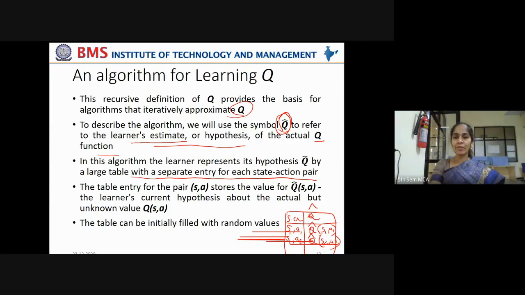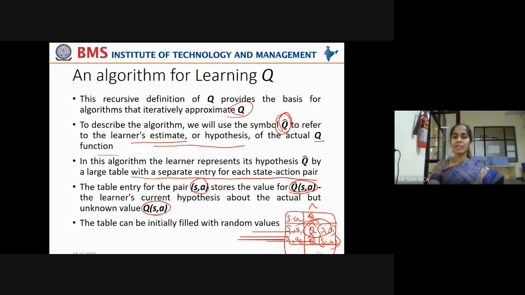The table entry for the pair S, A stores the value Q cap S, A, that is the learner's current hypothesis about the actual but unknown value Q of S, A. So the actual value of Q is not known. Only the estimated value is taken. If it starts from this state and takes this sequence of actions, what would be the estimated reward value? Those values are given in the table.